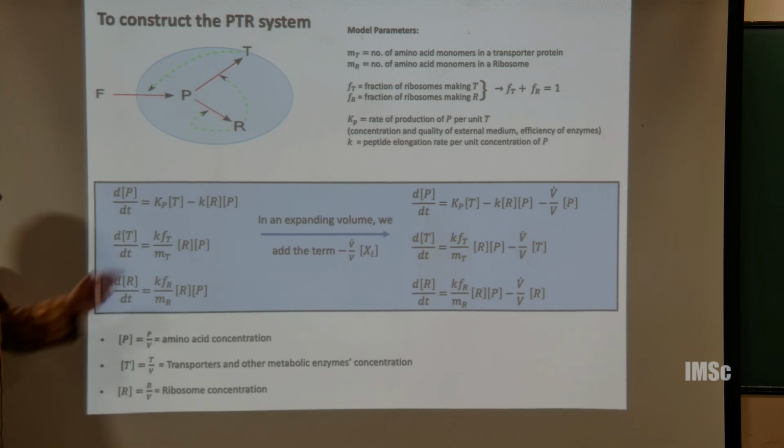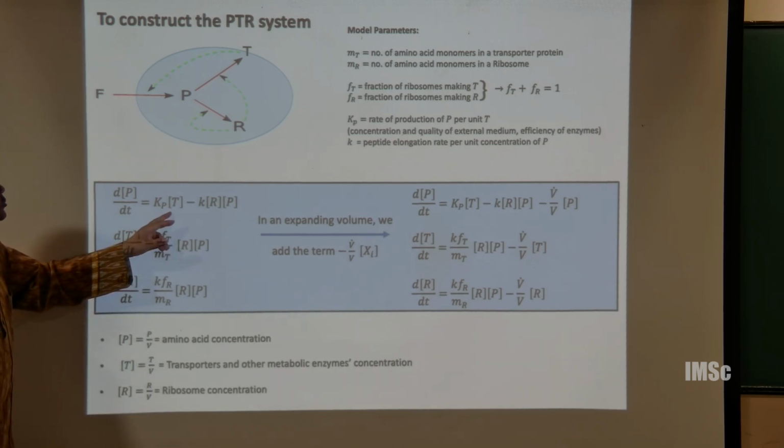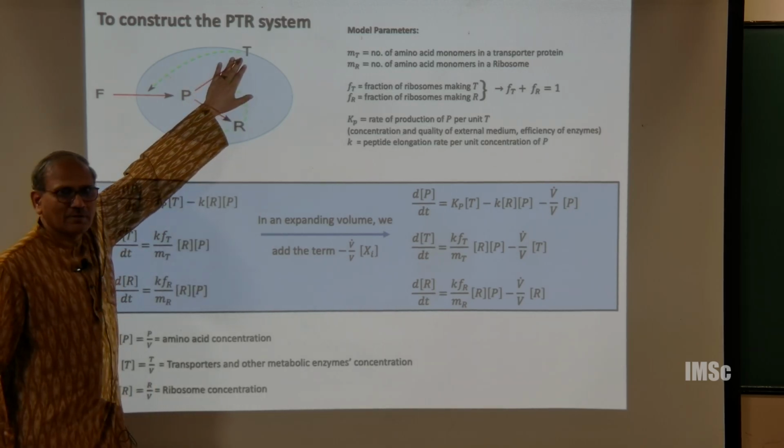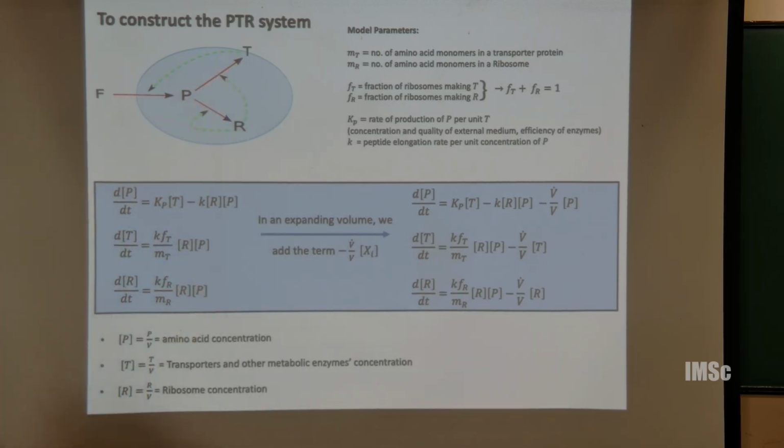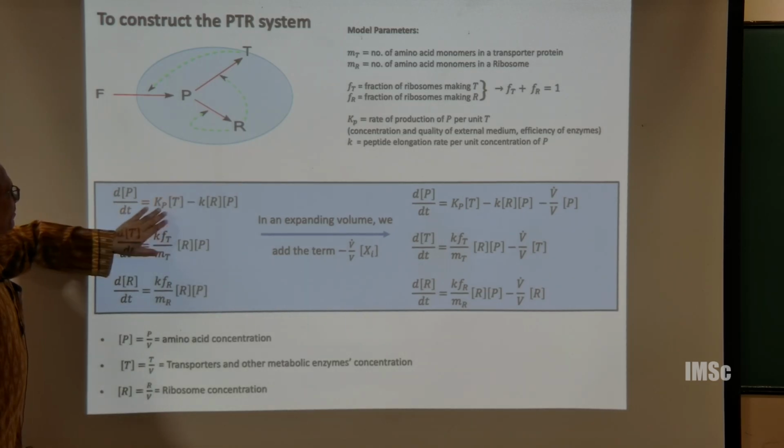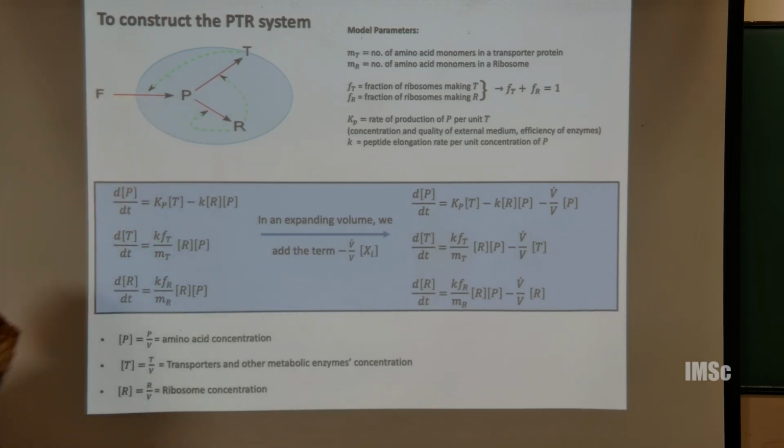That is proportional to how much enzyme you have, because these enzymes are catalyzing its production. If there are no enzymes, this is not going to be produced. And so, for simplicity, it's just proportional to the amount of enzyme that is present.